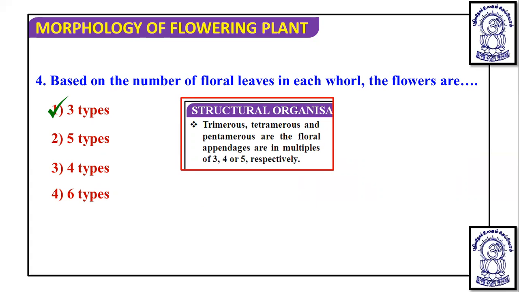If there are 6 floral leaves, meaning 6 petals, you will not call it hexamerous. If 3 are outside and 3 are inside, and 6 are there, then you will put it as trimerous, right? Because one whorl has 3 petals, and the inner whorl has another 3 petals. So because of this, it is known as a trimerous flower, in spite of having 6 petals.